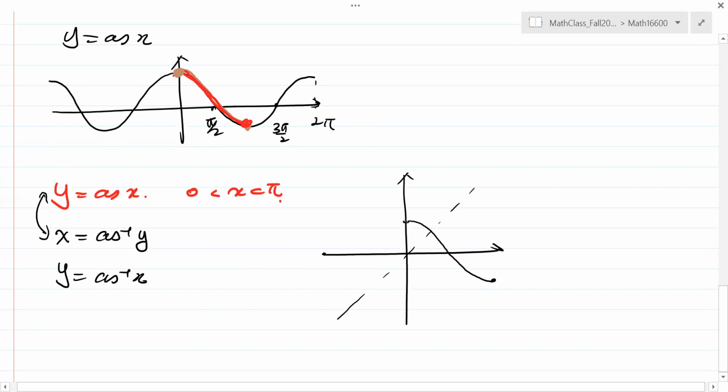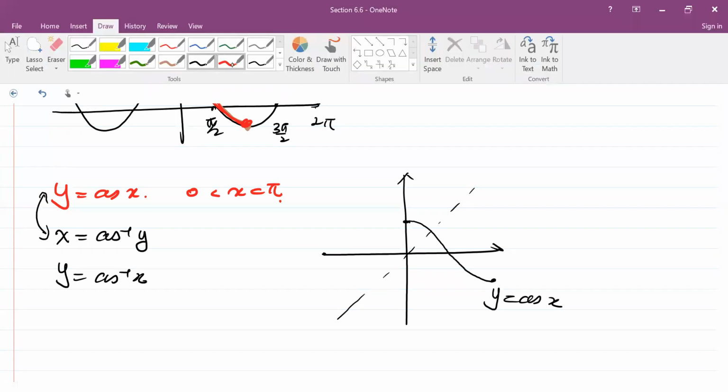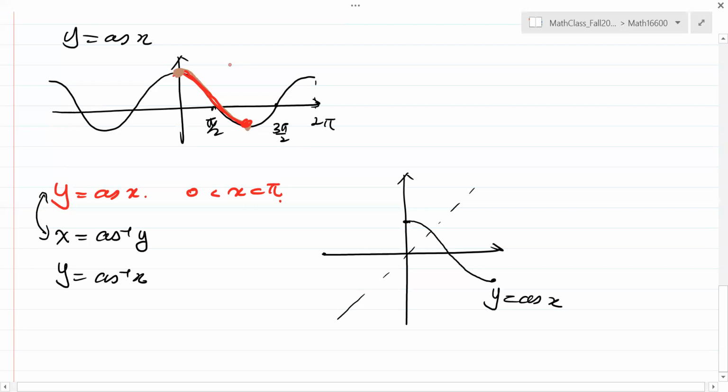So you get that piece, that's the original, y equals cosine x. So how can I draw the one symmetric to that? It's a little bit challenging. Okay? So you have to copy, it's a little bit hard. Let me try. All right, so that's it.